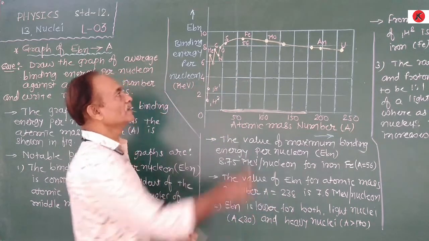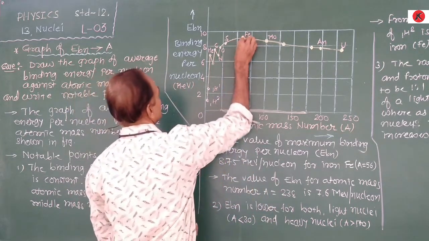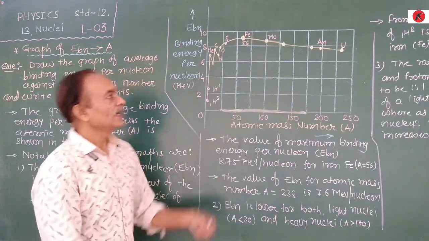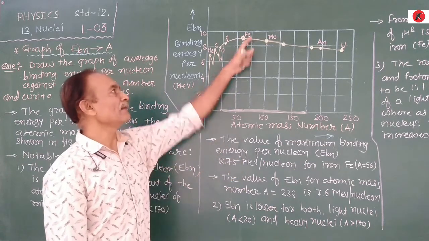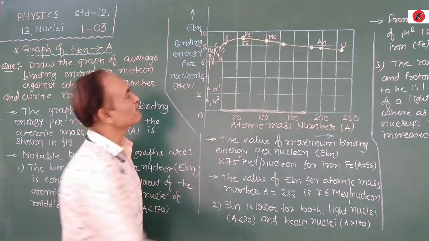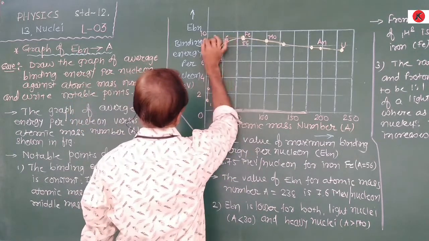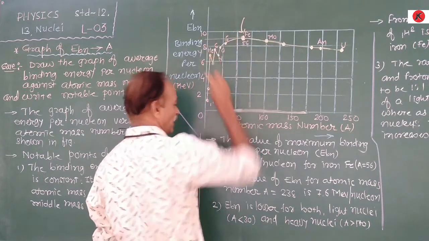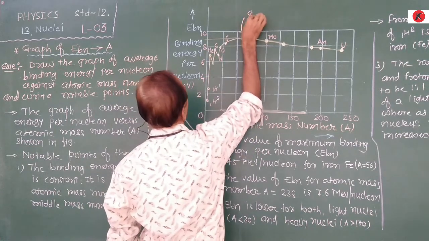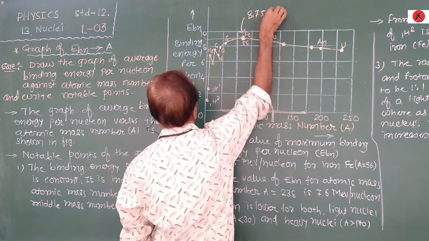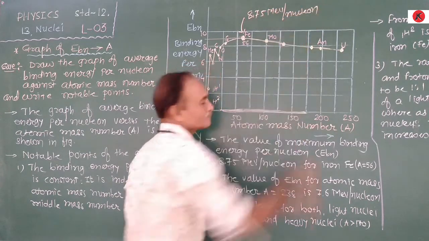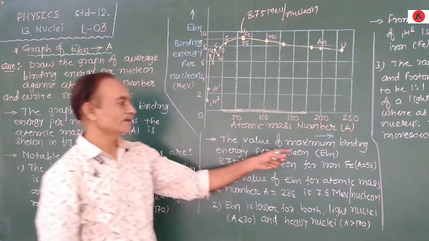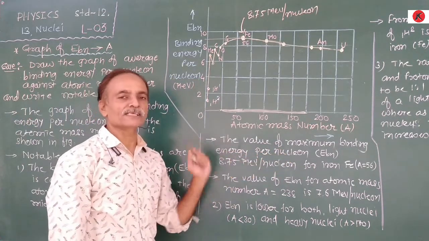From the graph, for iron with atomic mass number A equal to 56, the binding energy per nucleon is maximum and its value is 8.75 MeV per nucleon. For iron, the binding energy per nucleon is maximum.